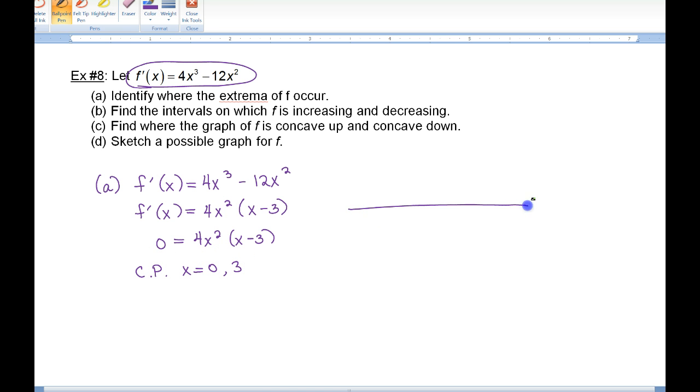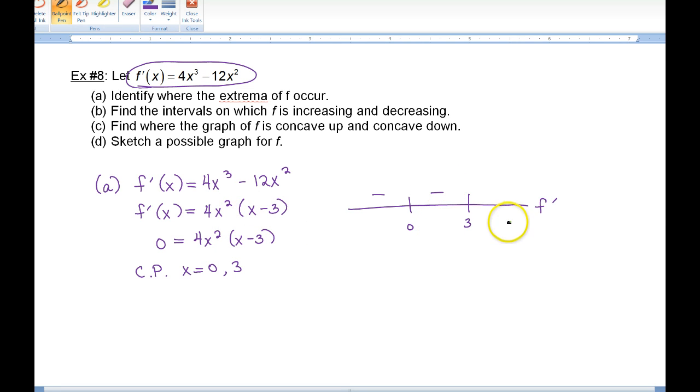So I'm going to make my f prime number line. And my domain here is all reals. So I can plug in, let's say, -1. So I'll get a positive times a negative, which will be negative. Then I can plug in, let's say, from 0 to 3, it doesn't really matter, a positive 1, so we'll get positive times negative, which is negative.